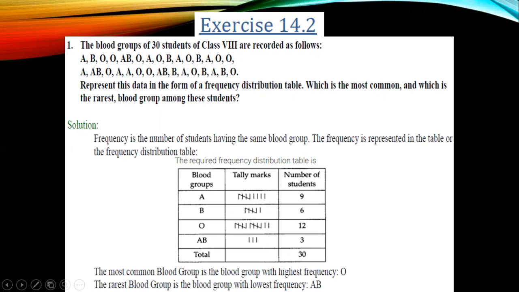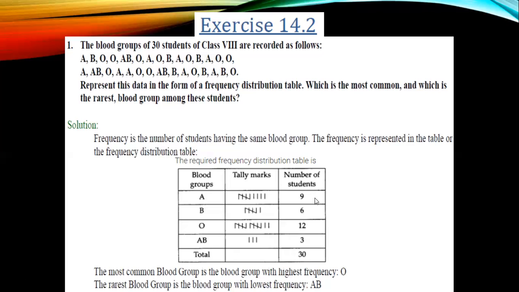As you could see over here, out of the 30 students, there are 9 students having blood group A, 6 students having blood group B, 12 students having blood group O, and 3 students having blood group AB. You may please verify this again by summing up the number of students in the last column. Yes, it has to be 30 because this is data of 30 students.